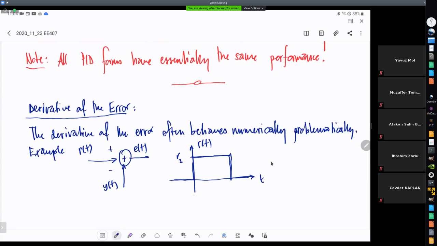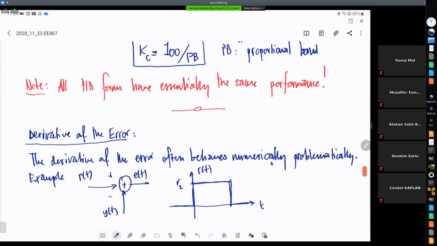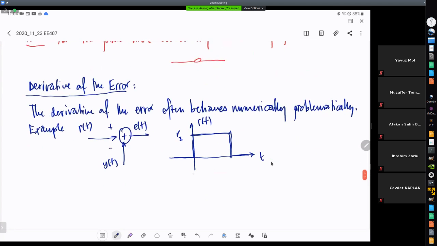And let's say the output is a continuous waveform, because it often is, because this is the output of a dynamic system. Often there is a bandwidth to the system, so independent of what's the input to the system, the output will behave smoothly. So let's say the output is a signal like this.